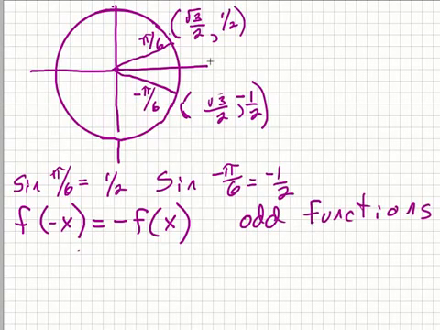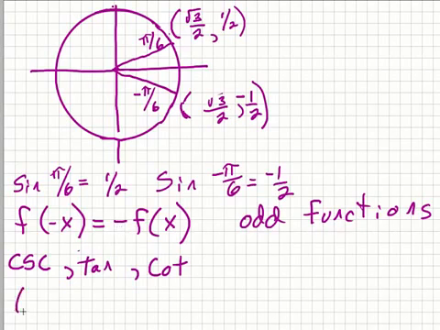In terms of trig functions, the odd ones are the ones that have a y in the definition. So this is going to be sine, cosecant, tangent, and cotangent. In all of these cases, if we negate the input, the angle or the real number that we put in, it's just going to negate the output.